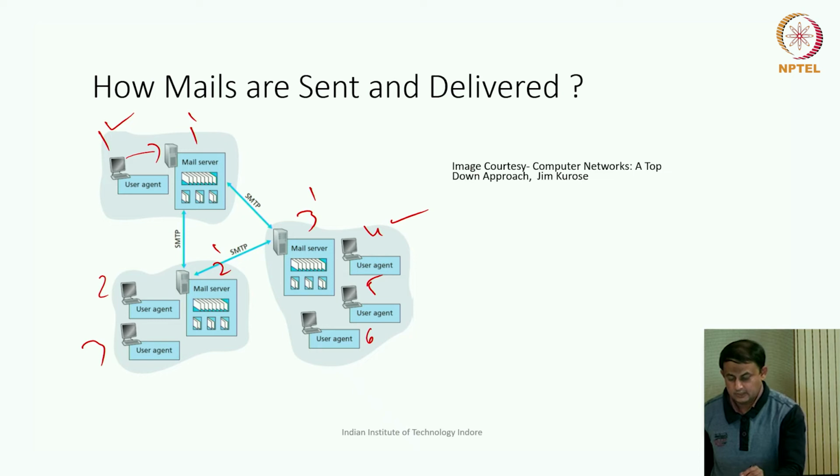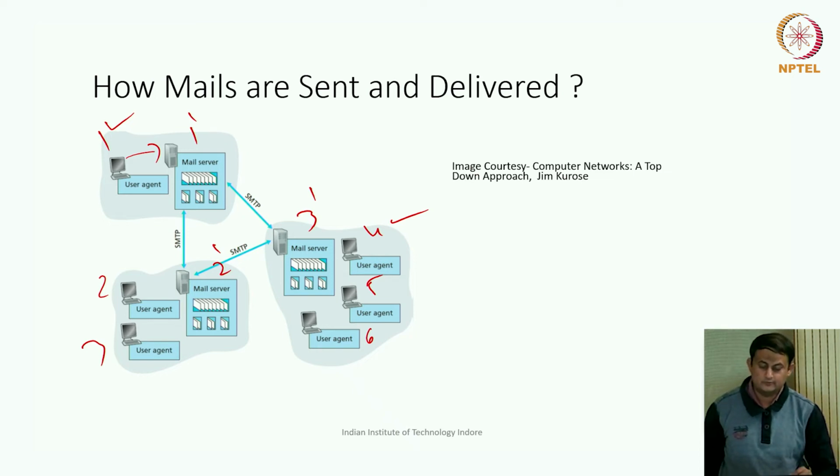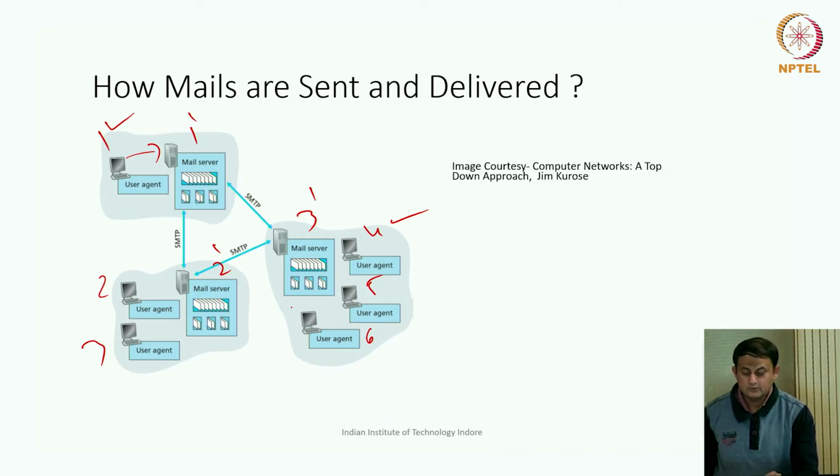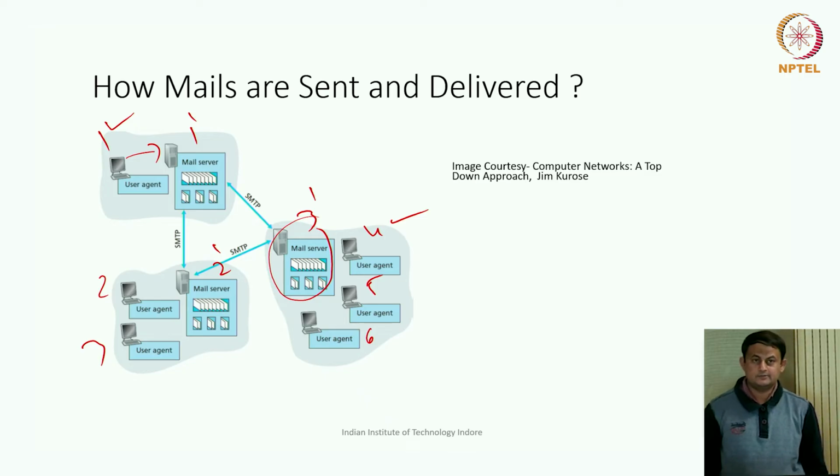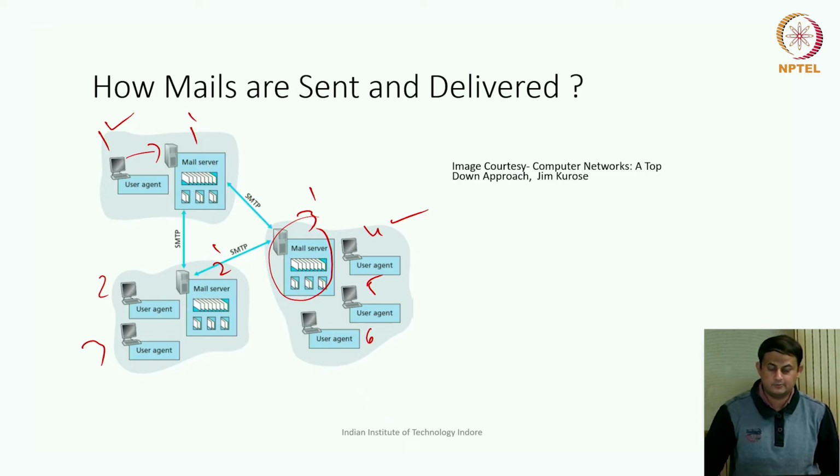It is now the job of mail server 1 prime to find out where exactly the domain corresponding to the recipient is located. In other words, who is the recipient mail server, which in this case is 3 prime, because user 4 is a member of mail server 3 prime.